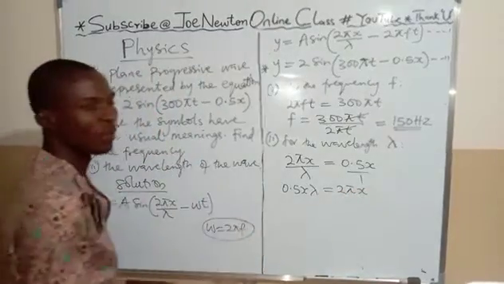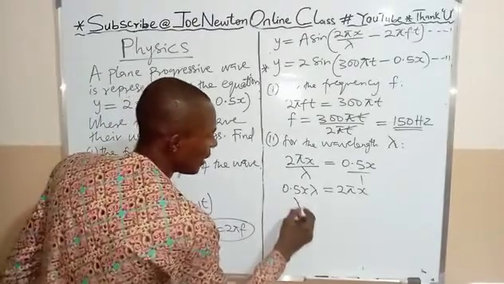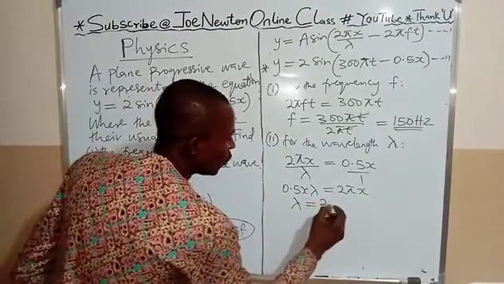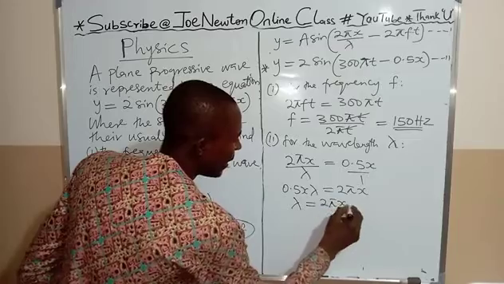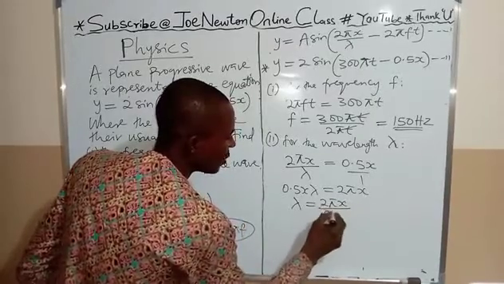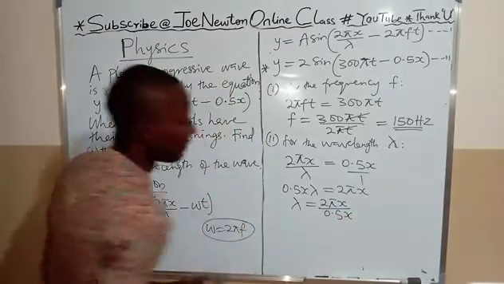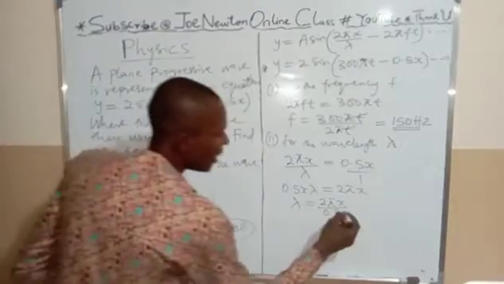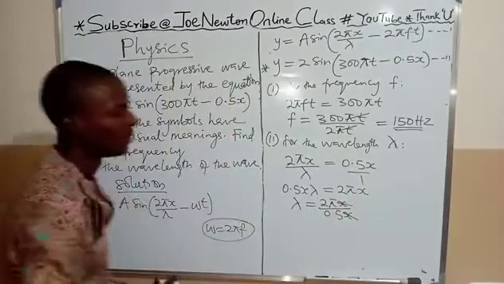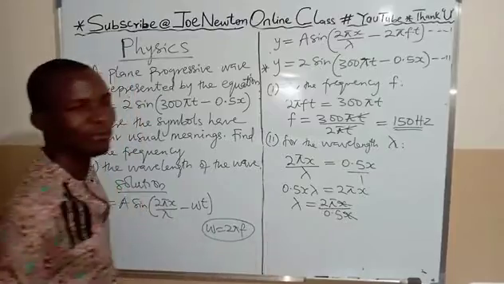Then we divide both sides by the coefficient of lambda. Lambda equals 2 pi x over 0.5 x. You can now see x cancels x here, leaving us with 2 pi over 0.5.